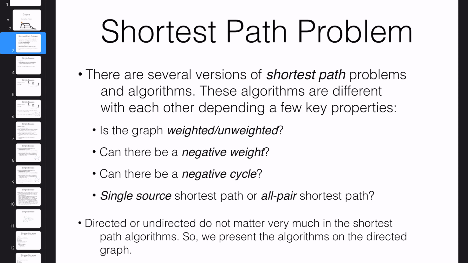So basically, based on the properties of the graph and also the question, there are different versions of the shortest path problem.